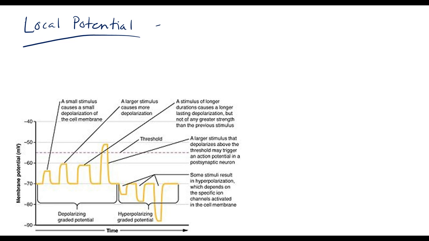It can be heat, it can be temperature, it can be a chemical signal like a ligand. So you have a receptor that is stimulated by some kind of ligand.